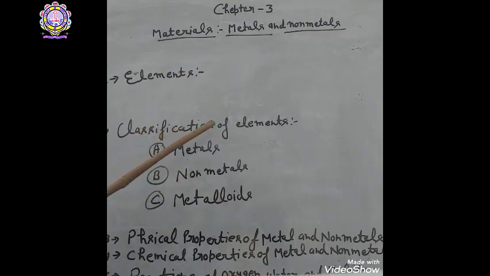Secondly, classification of elements: metals, non-metals and metalloids. Next, physical properties of metals and non-metals. And next, chemical properties of metals and non-metals.